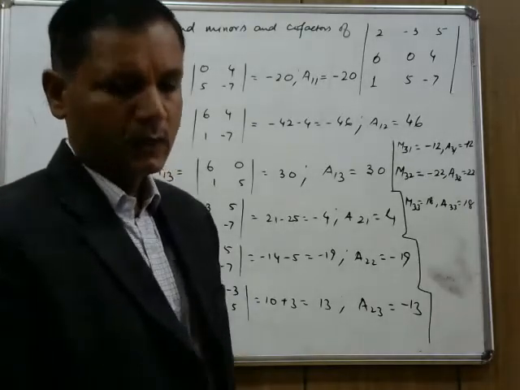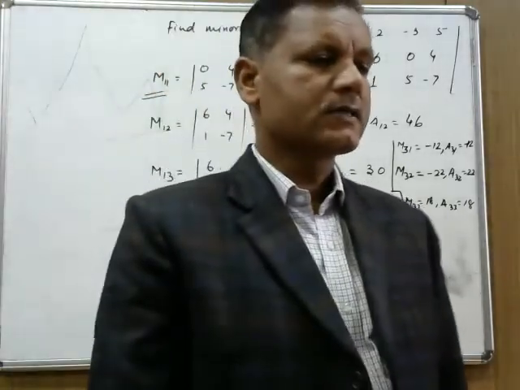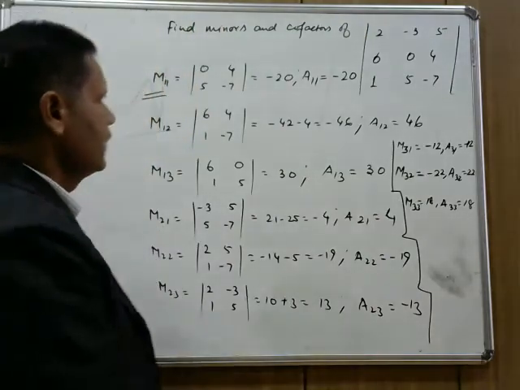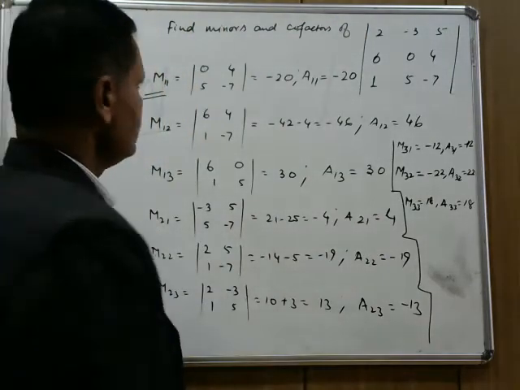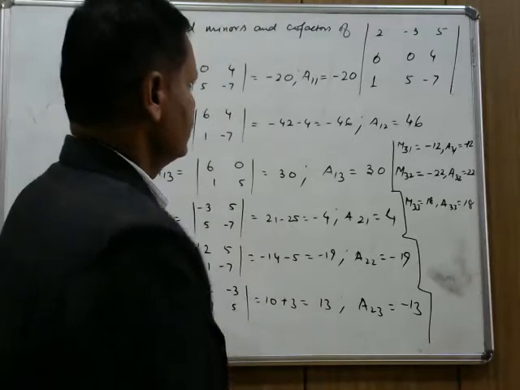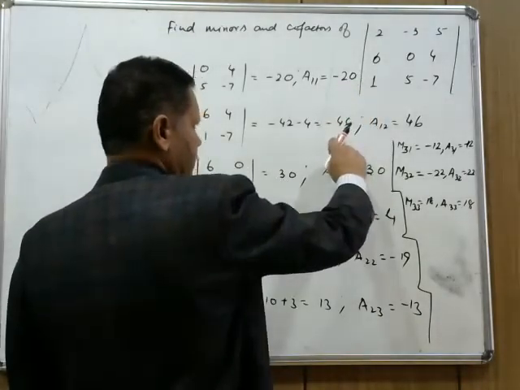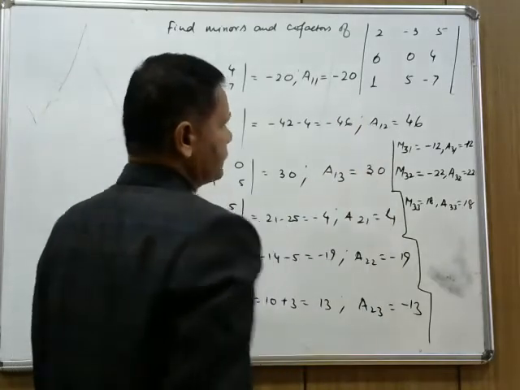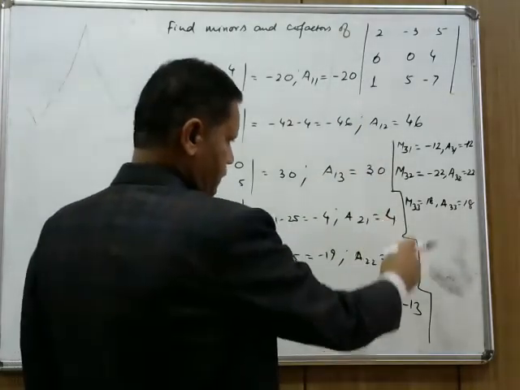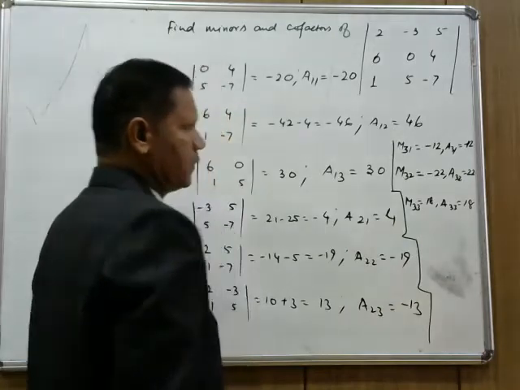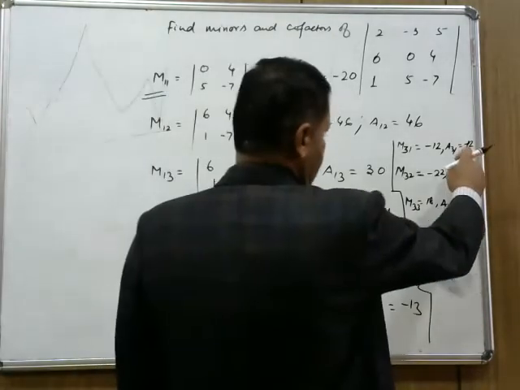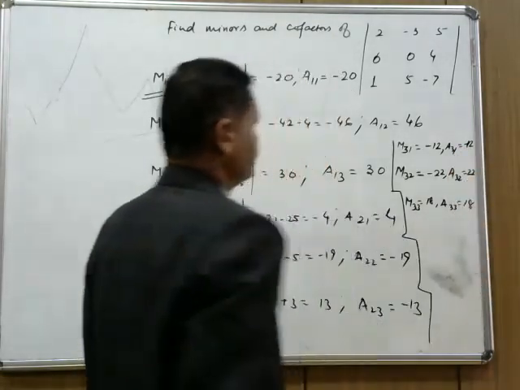And once you are able to write the minors and cofactors, now if I see the cofactors we have for the first row minus 20, 46 and 30. For the second row we have 4, minus 19 and minus 13. For the third row we have minus 12, 22 and 18.